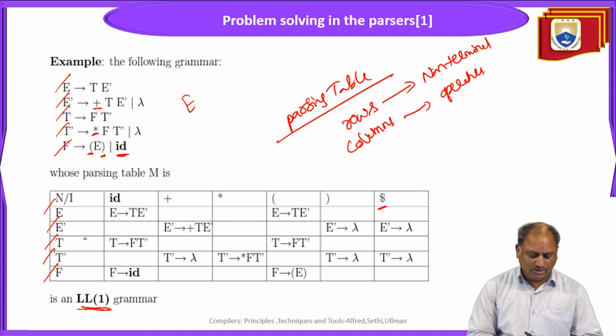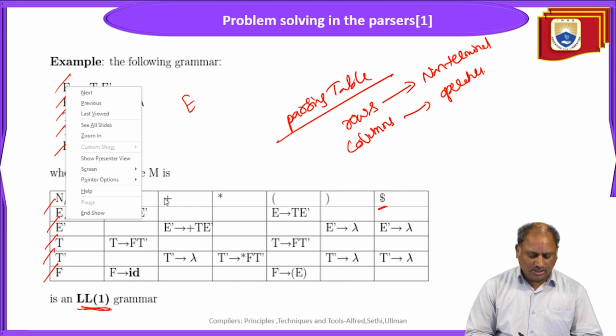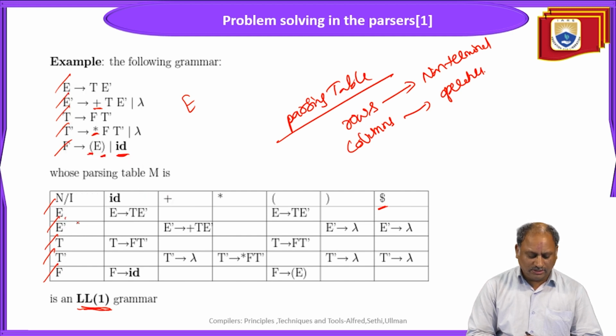So that is to be written in the table, for each entity, that is for each row and the corresponding column where a match occurs. Suppose, for example, non-terminal E and this ID. Then we have to write this entry.